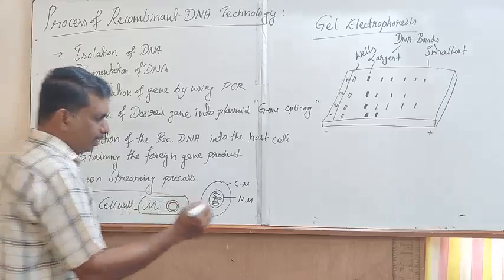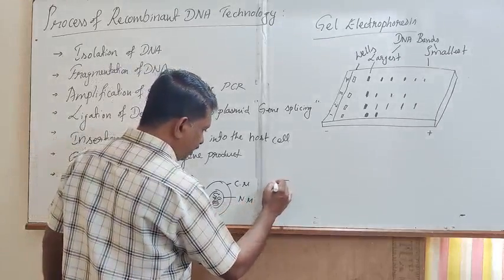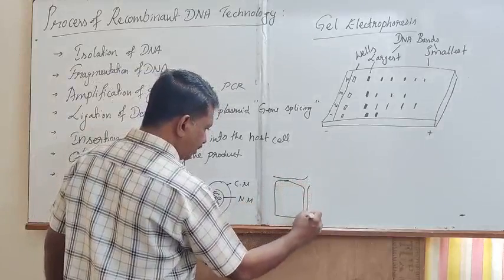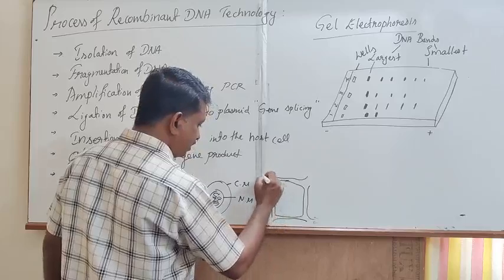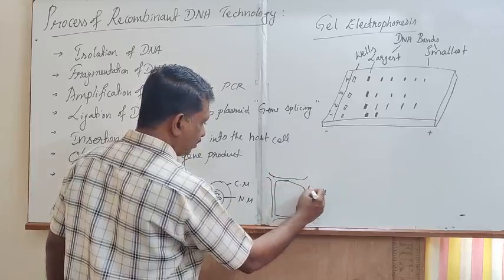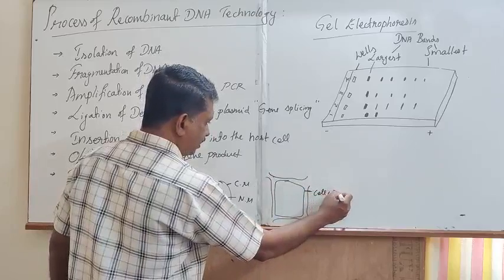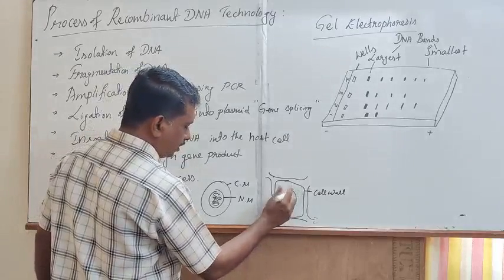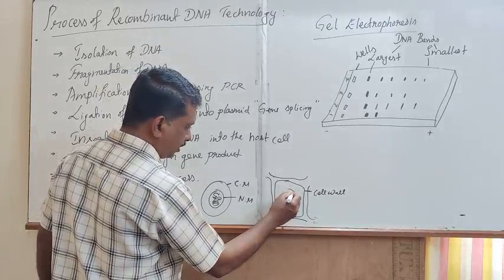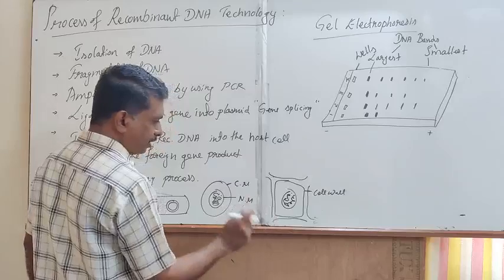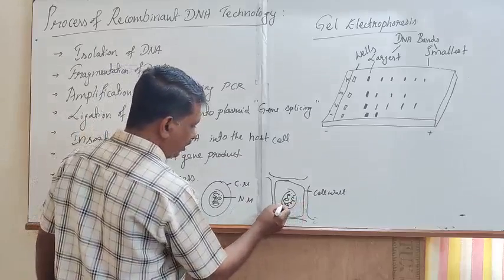If we consider a typical plant cell, the plant cell is characterized by the presence of prominent cell wall. In the cytoplasm, you can find the presence of nuclear membrane.